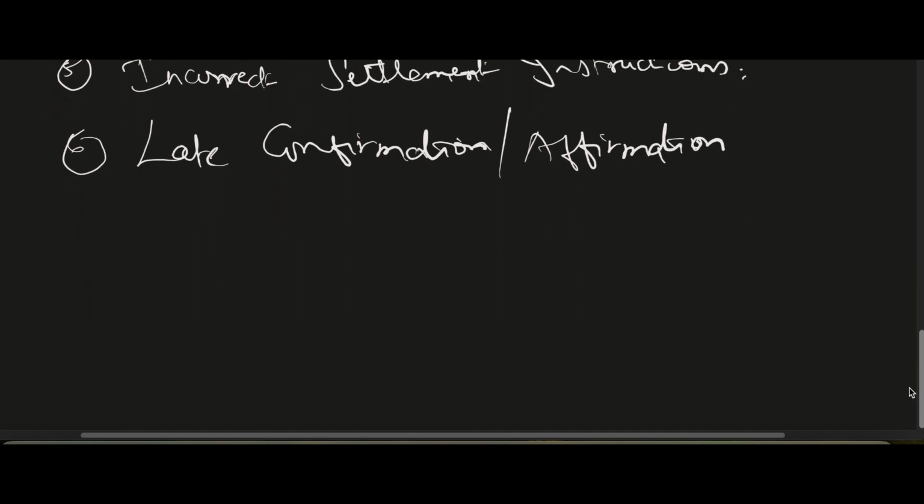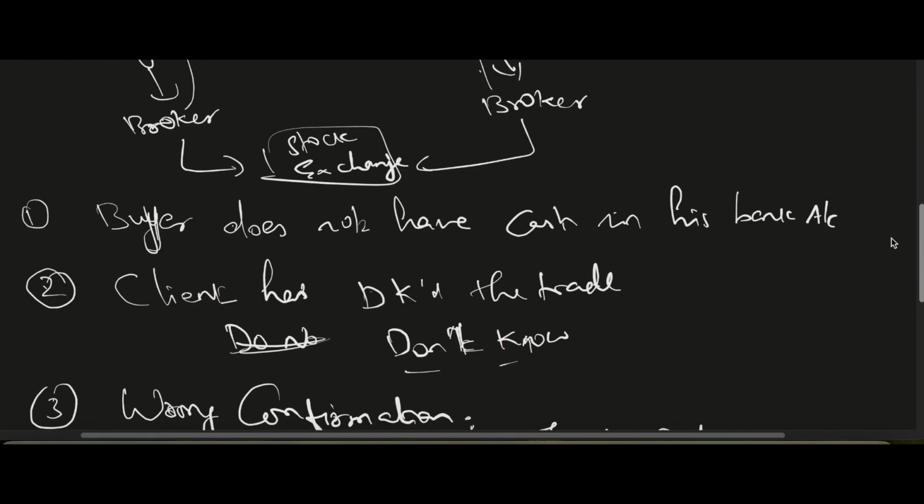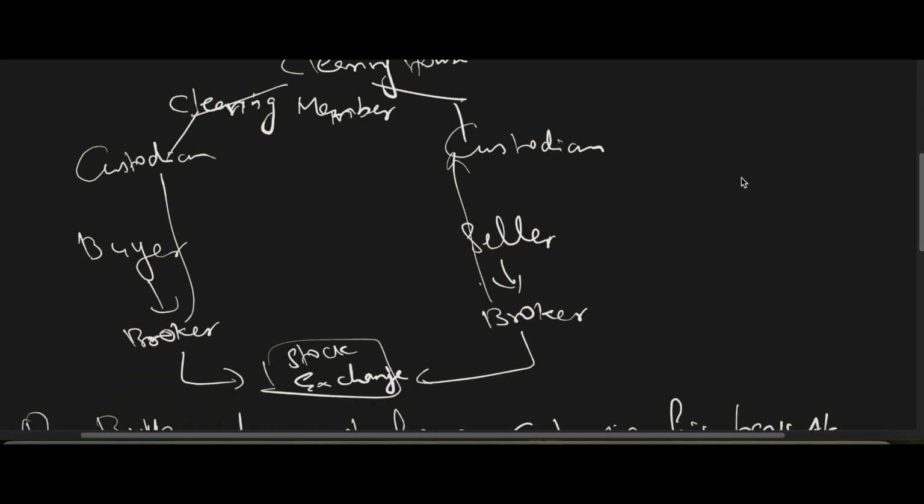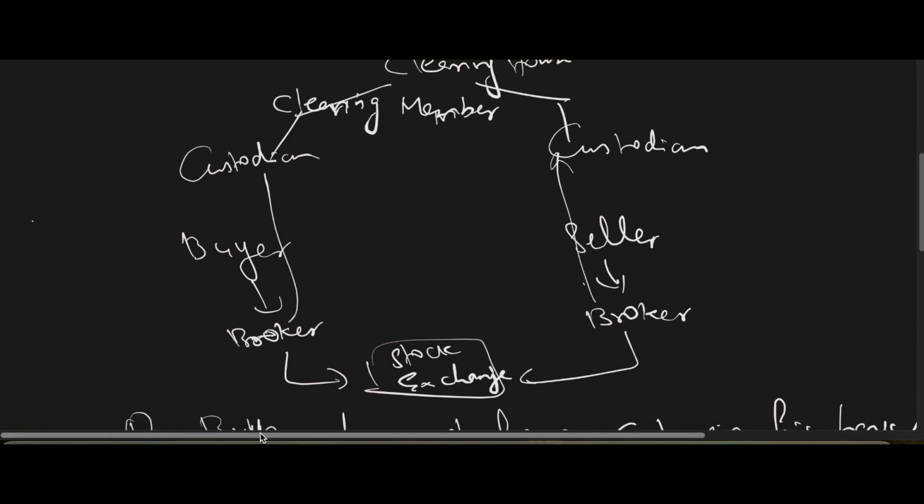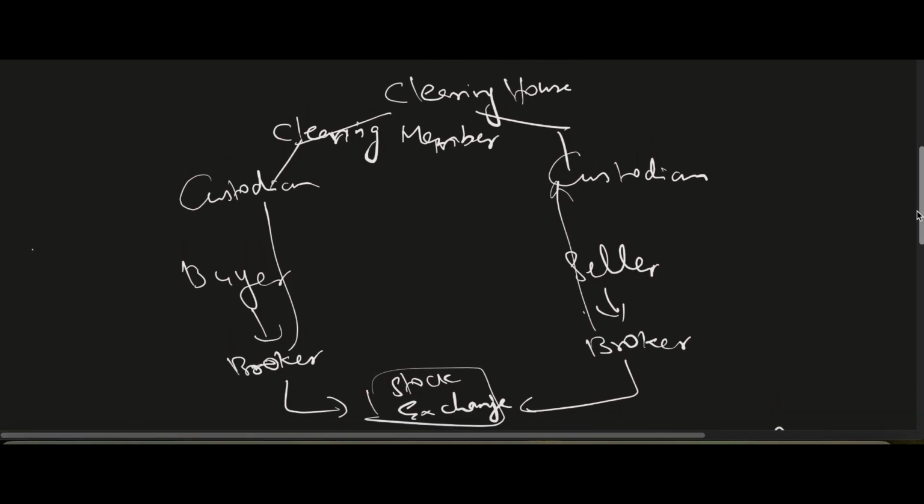Okay, now when a trade fails, how will this be handled? That's the next question. Remember, buyer and seller don't even know each other. They are entering into the contract trusting the system. When I say system, that means they are actually trusting the clearing house, because the clearing house takes the counterparty guarantee.